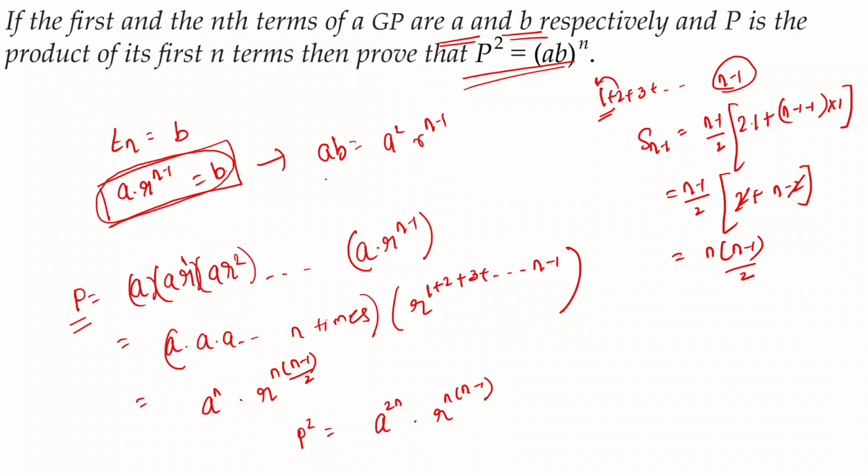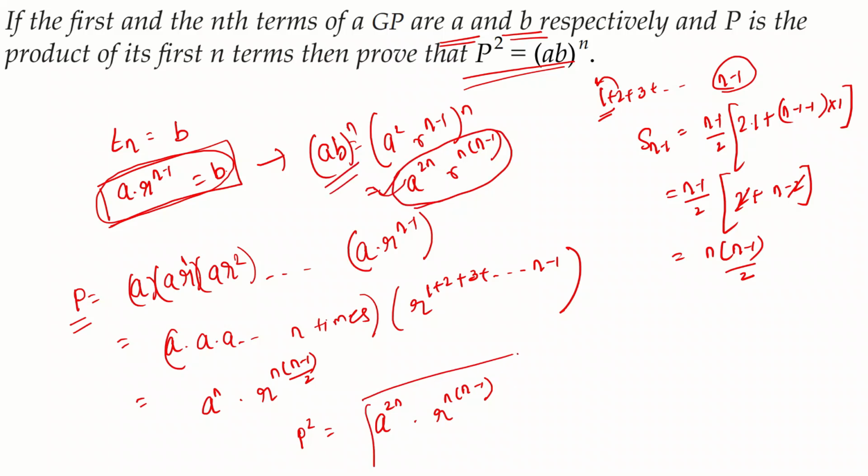And now whole to the power of n, so we do whole to the power of n on both the sides, so I get a to the power of 2n and r to the power of n into n minus 1. So these things are actually turning out to be the same. ab to the power of n is the same thing and p square is also the same thing. So we get that ab to the power of n is actually equal to p squared, and hence proved.